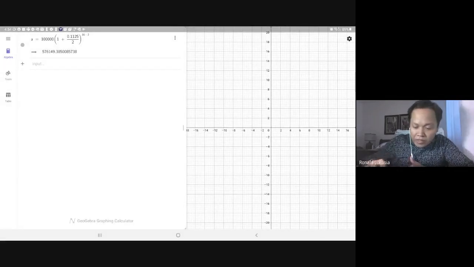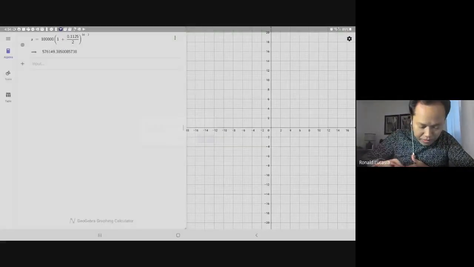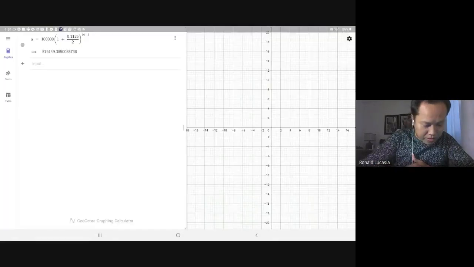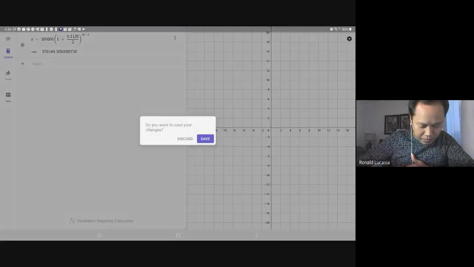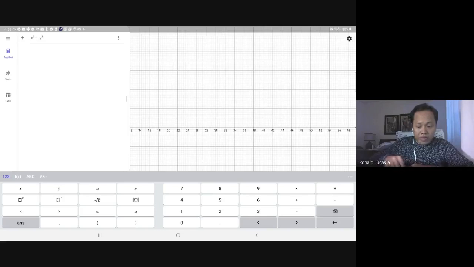We'll just type there x squared plus y squared is equal to 16.